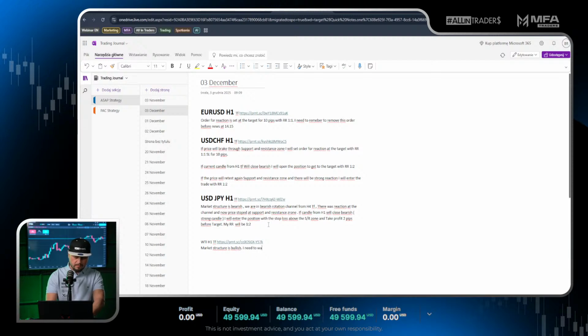Need to wait for the price to close above the exponential moving average 20, sorry, above.